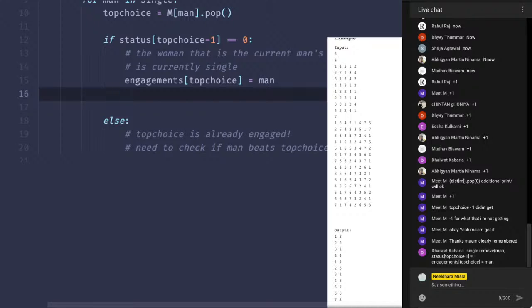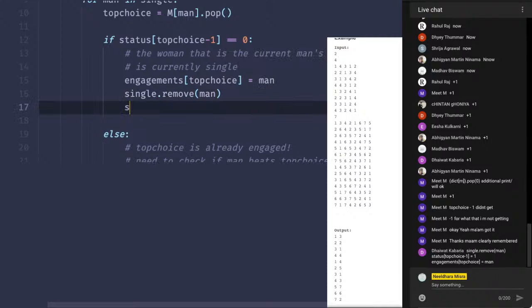So we're going to say single dot remove man and update the status of the woman. Notice that now the status array will never go back to 0 for the woman. But for the man, we may have to put him back in the single array. We will see that that'll happen in the else part of things, right?